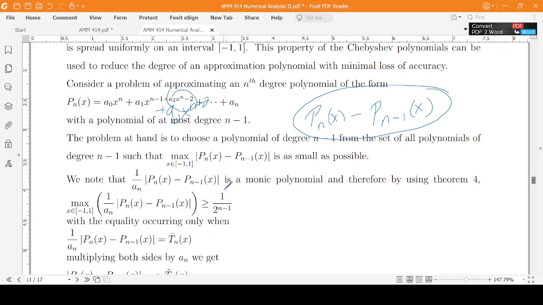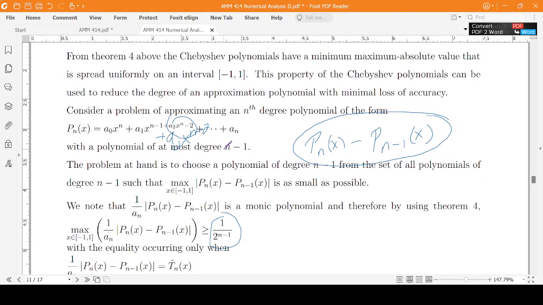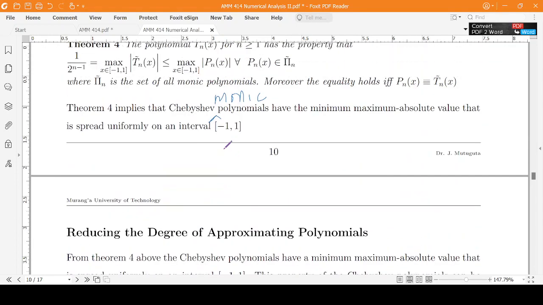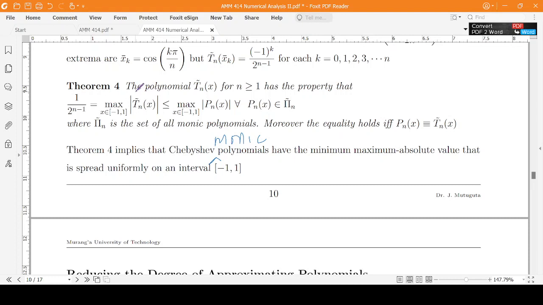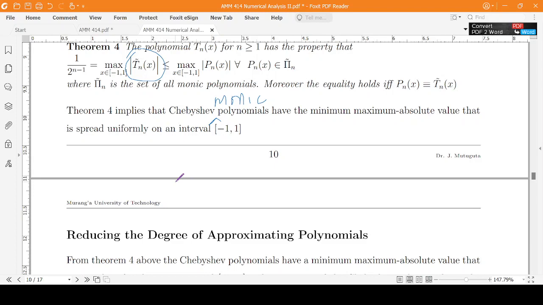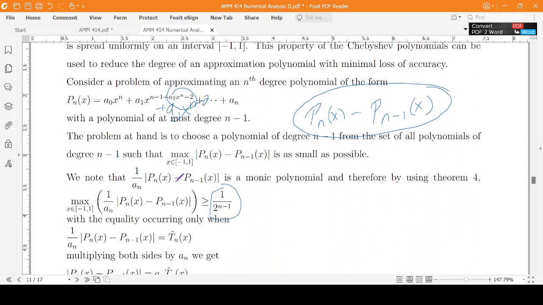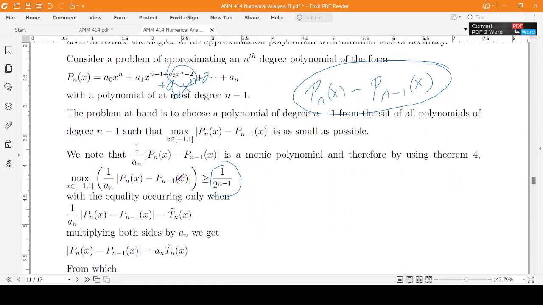And remember, this quantity is equal to the maximum of the absolute value of the monic Chebyshev polynomial, as per theorem 4. So this equality will hold only when this polynomial that we are generating here is equal to the Chebyshev monic polynomial.